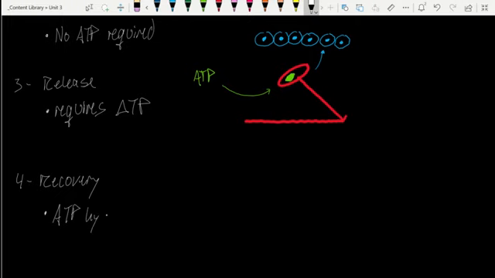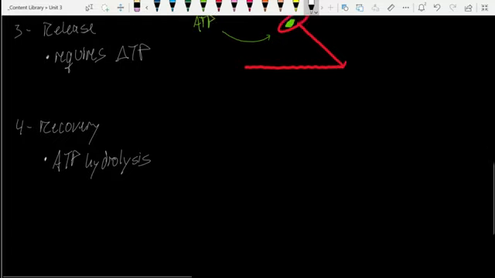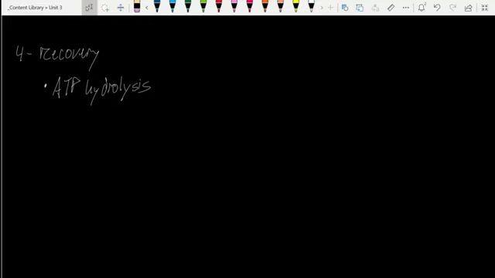ATP hydrolysis. As we explore this, maybe it's just a good time to review what ATP is all about. So if we drew ATP real quick, adenosine, it's a pentose sugar attached to adenine, and then out here on the 5' carbon, 1, 2, 3 phosphates.